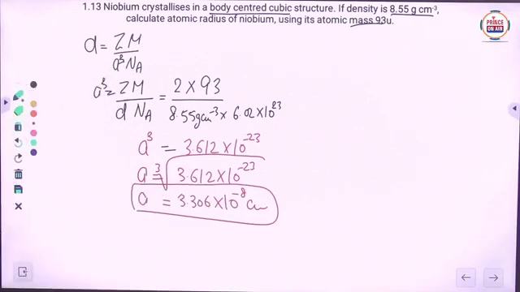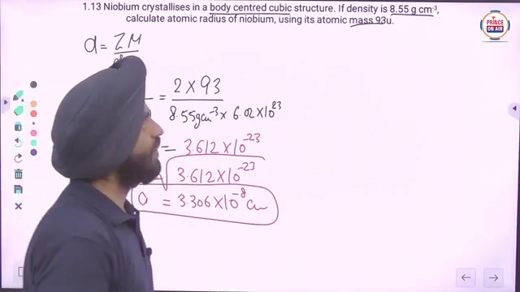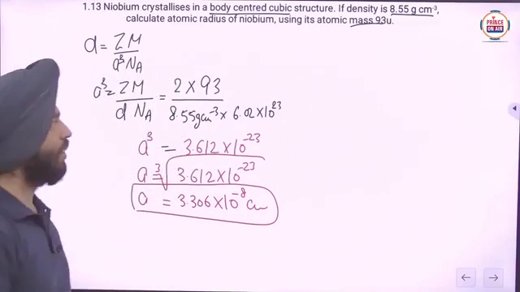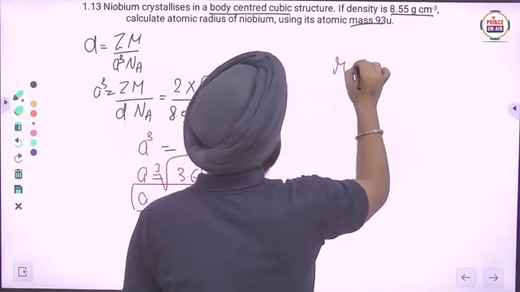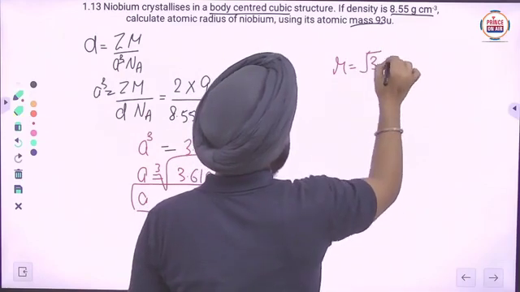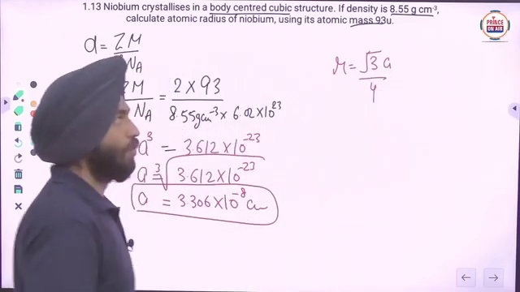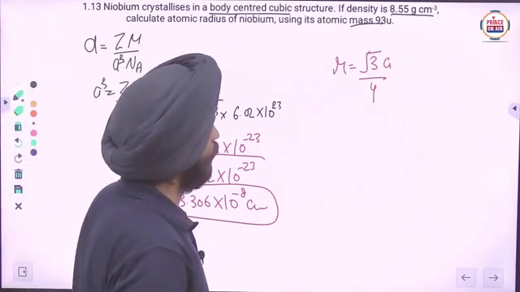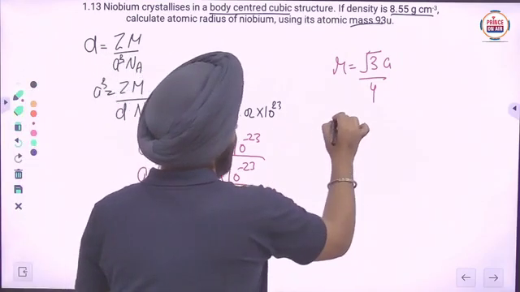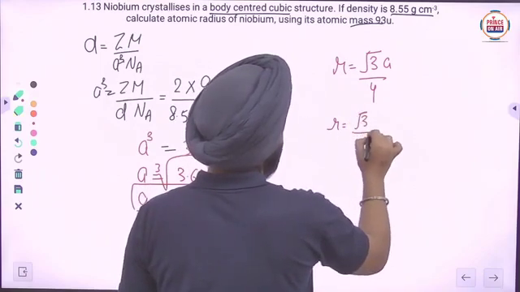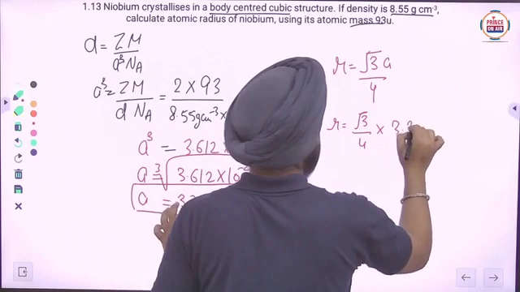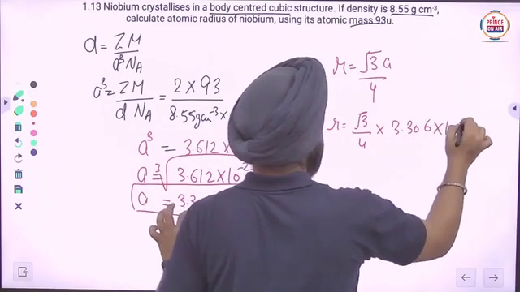Now all of you know, for body centered, r is equals to root 3 a upon 4. So here r will come out to be root 3 upon 4 into a, which is 3.306 into 10 raised power minus 8.